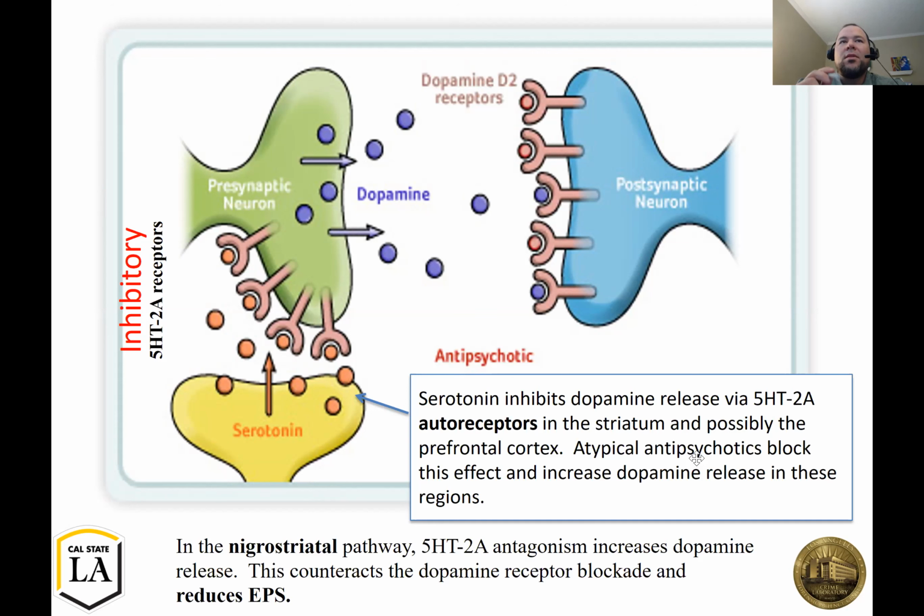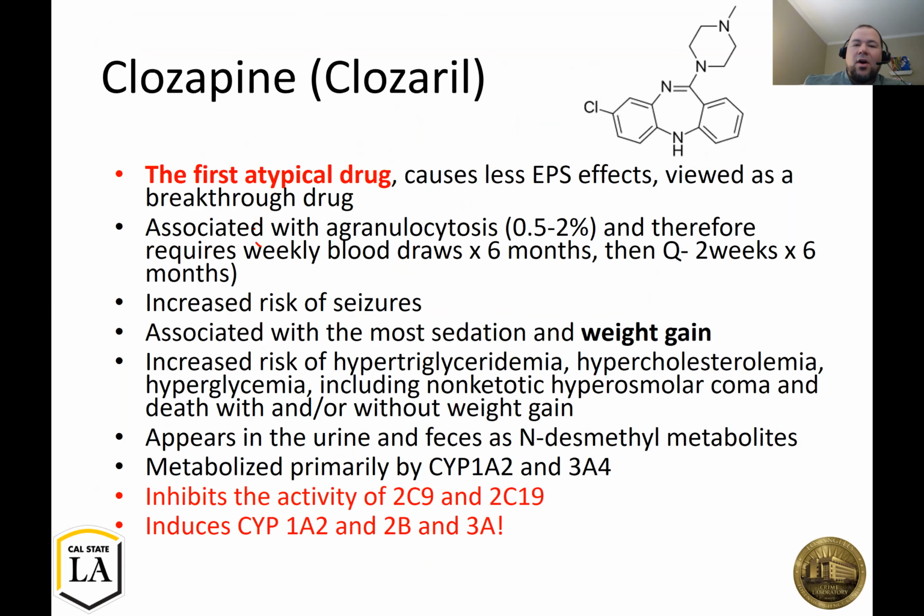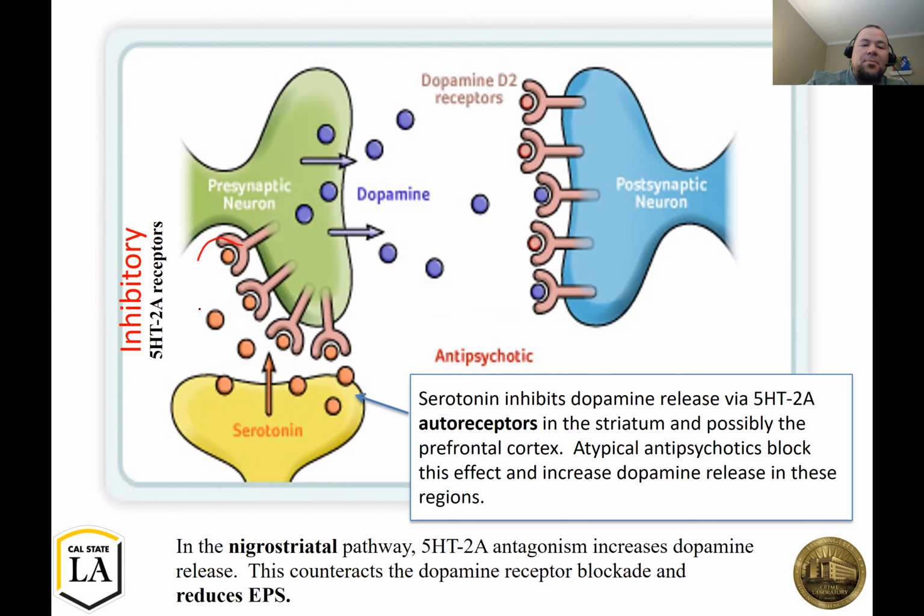So what they've done here is they've shown that you basically have autoreceptors. We have autoreceptors on the presynaptic neuron, okay? Those autoreceptors end up being hugely important. Check this out. Remember what autoreceptors do.